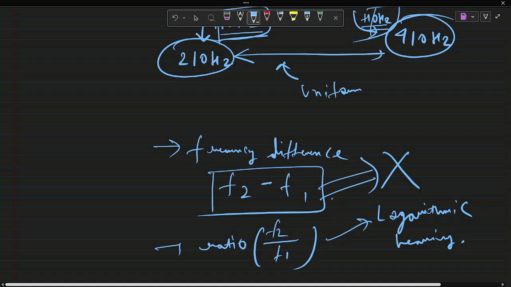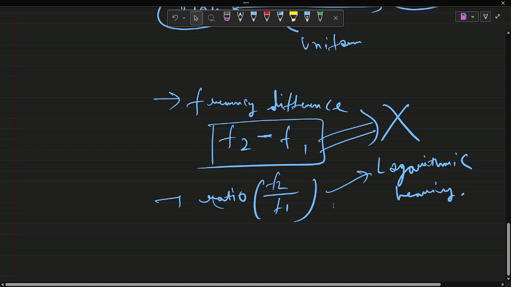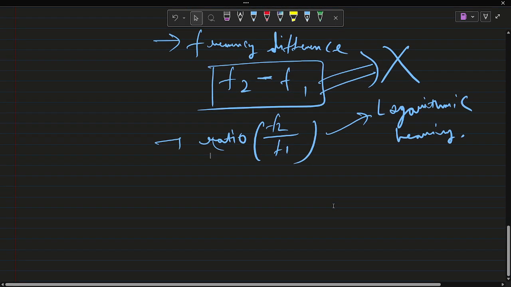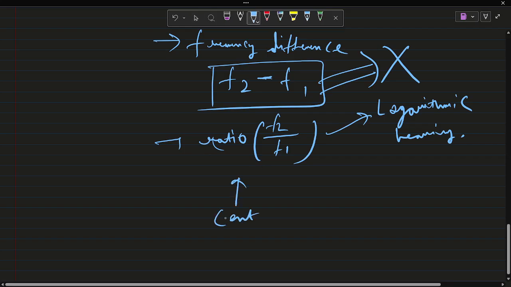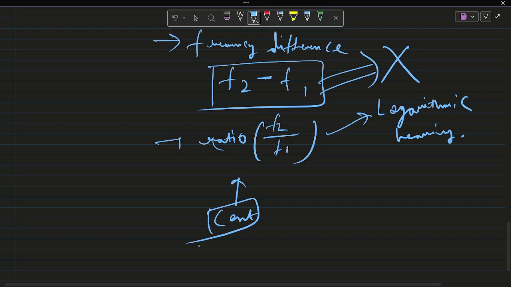We don't hear the frequency difference by subtracting, or by adding the frequencies. We hear frequency in ratio. That's why our hearing is logarithmic, and here we need the cent. The term cent is needed here to define our hearing.